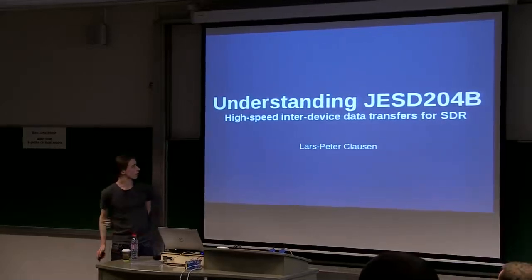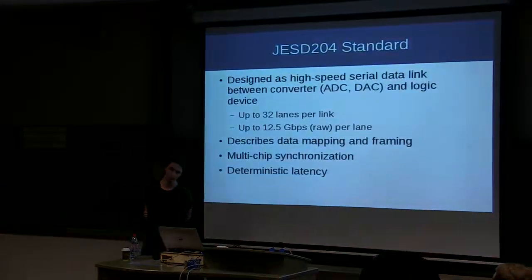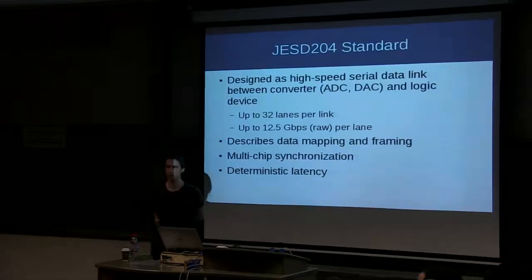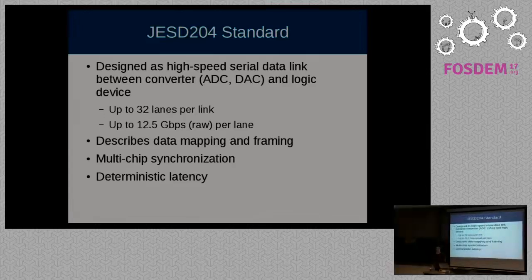So first, an introduction: what is JESD204B? It has been designed and it supports up to 32 lanes per link, and each lane can transport up to 12.5 gigabits per second of raw data.